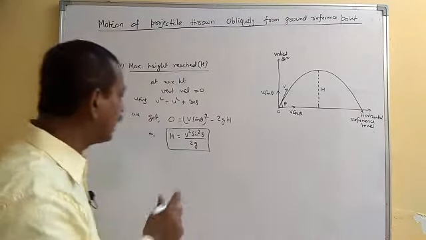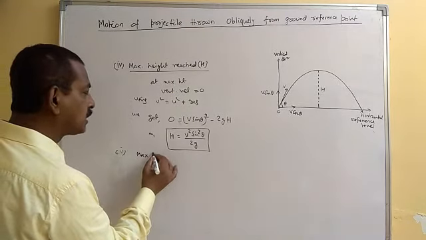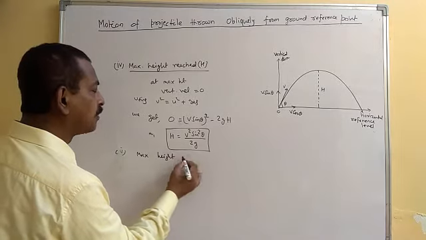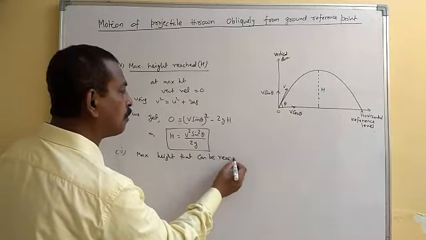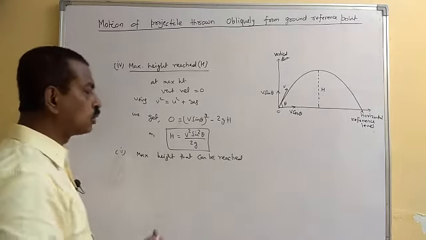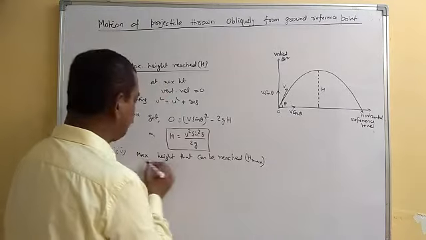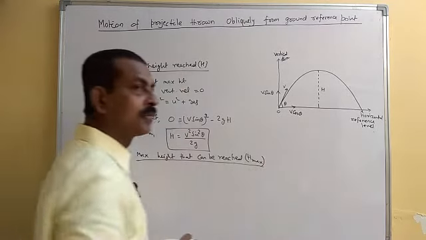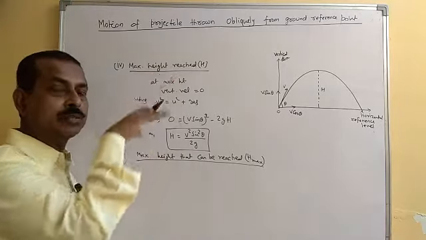So for that, consider the maximum height that can be reached, which we represent as h max. So h max is basically the maximum height that can be reached by that particular body.